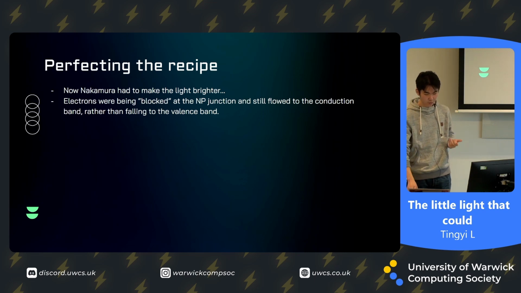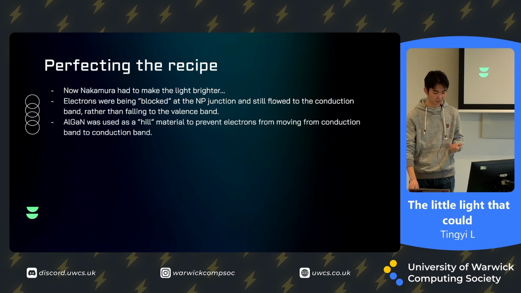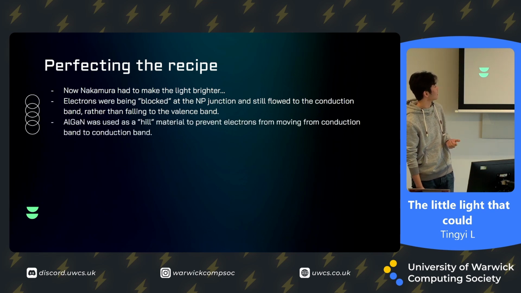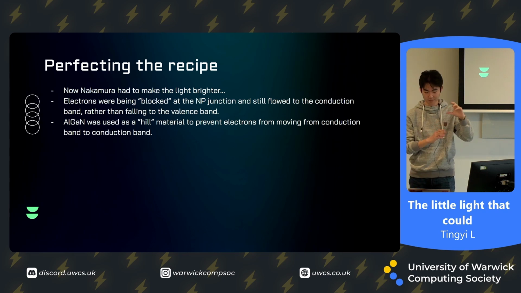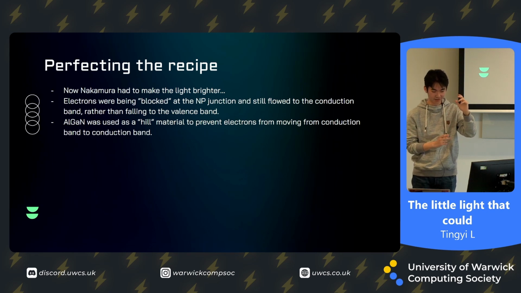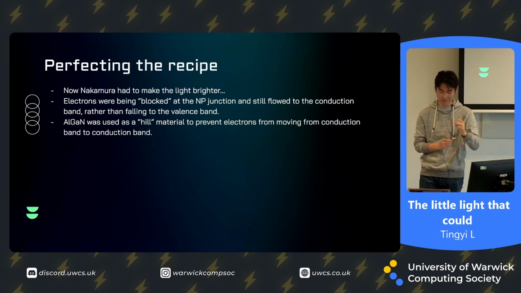What he did with the brighter thing was use a thing called aluminium gallium nitride, or AlGaN. It's used as a hill material because aluminium gallium nitride has a larger band gap than gallium nitride itself.